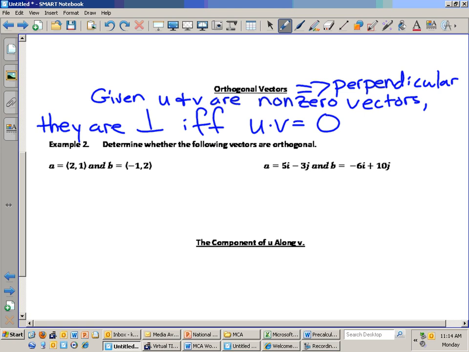So if you multiply two vectors together and you get 0, you know that they are perpendicular, or orthogonal, vectors.